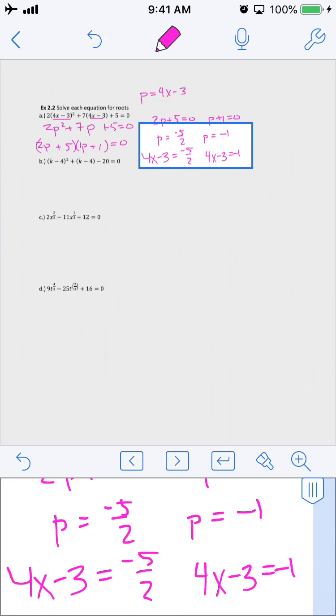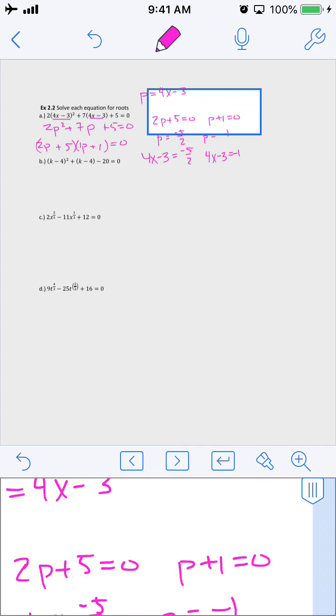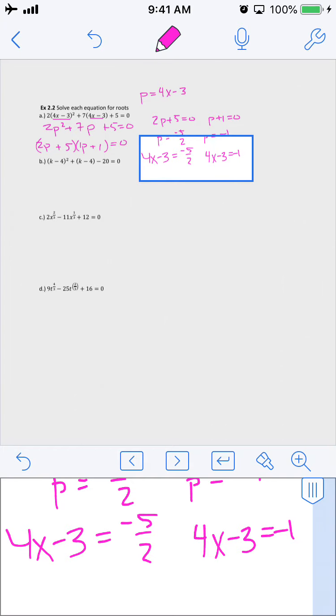I have a better idea. So notice how this ended up in a fraction, right? This wasn't probably the best time to sub back in. I think the best time to sub back in was here before I solved it. And that's entirely up to me where I want to sub this back in. I could do it now, but then I would have to deal with this fraction thing.